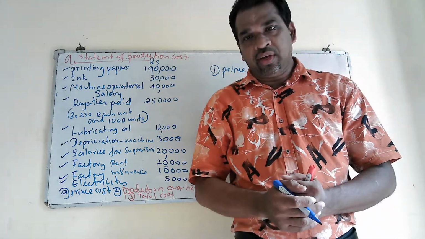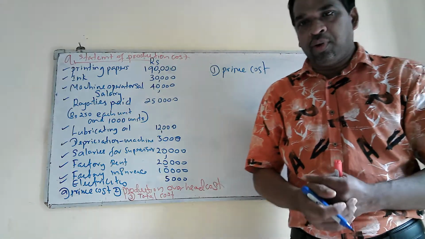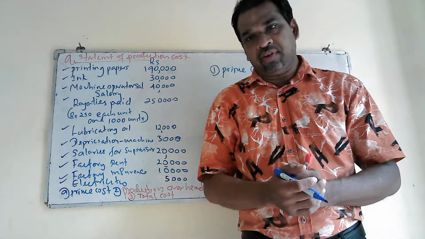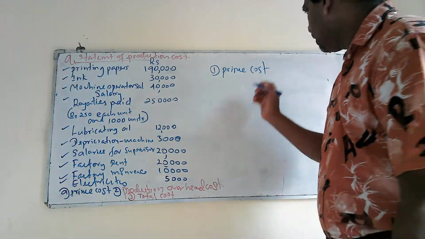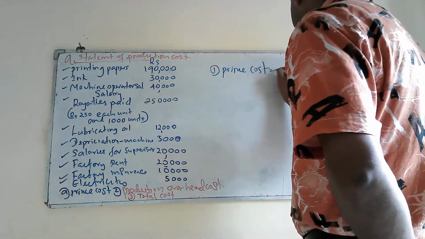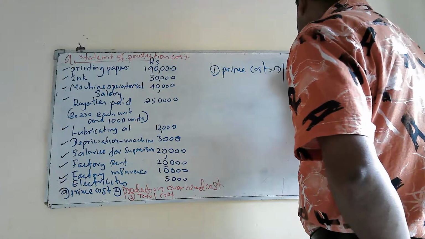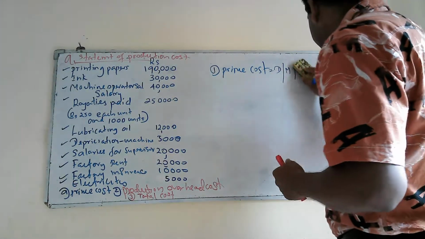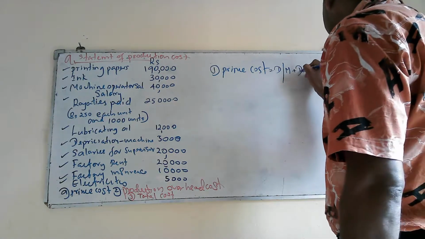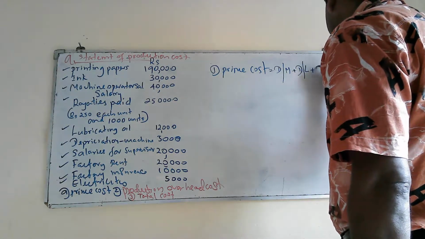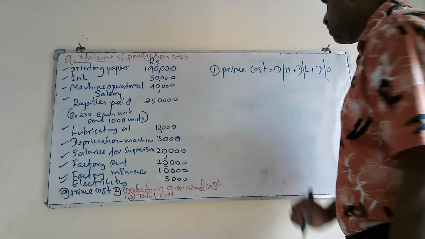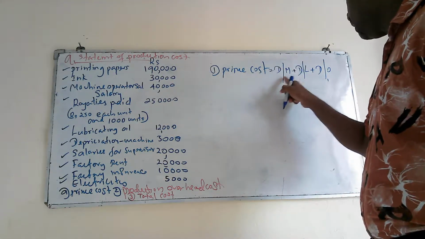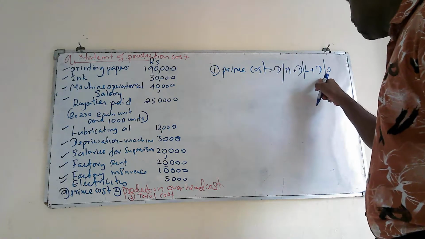You have already understood each individual component available in the manufacturing account, the statement of production cost format. So here prime cost equals direct material plus direct labor plus direct other expenses, right? If you want to take prime cost, you take first direct material, direct labor, and direct other cost.